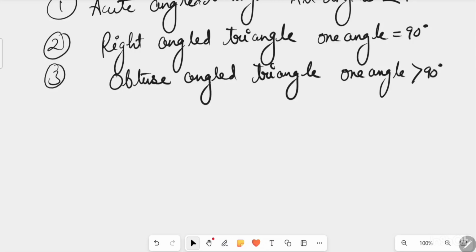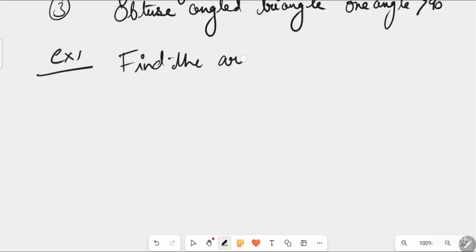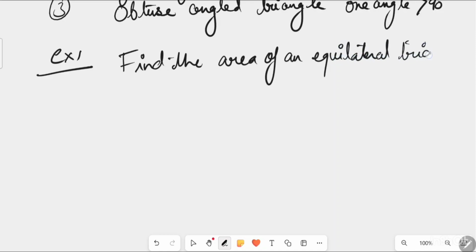Okay. Now, PYQs and some problems. Example 1. Find the area of an equilateral triangle of side 12 centimeter.